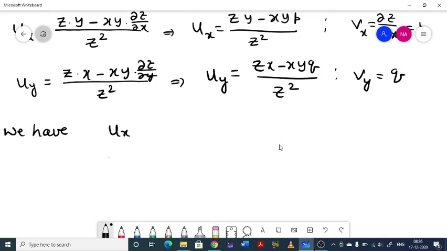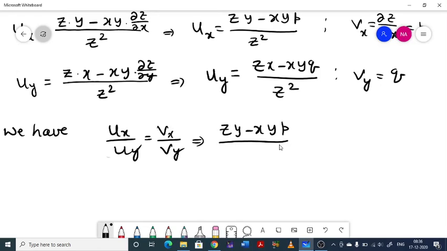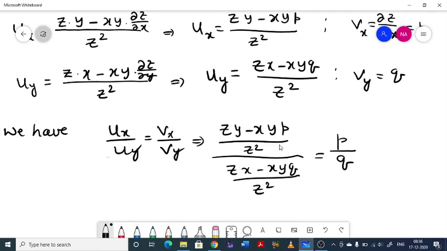Now we have ux by uy equal to Vx by Vy. That implies, what is ux? Zy minus xyp divided by z square, all divided by zx minus xyq divided by z square, equal to p by q. So this z square gets cancelled.